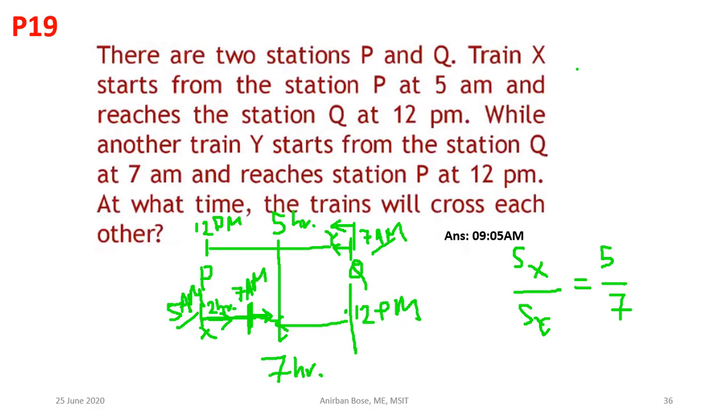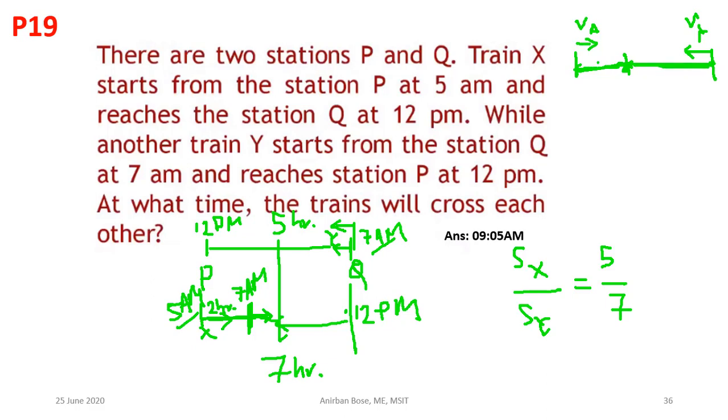Let us think in this way. Suppose this is moving with some velocity, say Vx, and this is moving with some velocity, say Vy, from the same time. Where will they meet? Since they have started at the same time, up to the meeting point they have covered the same time.